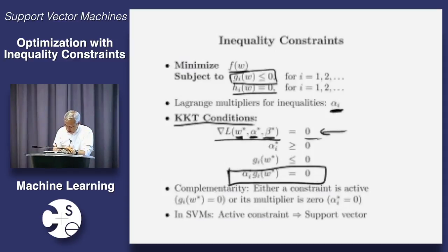It says that for each inequality constraint, the product of alpha, the corresponding multiplier, times g is going to be equal to 0. Why are they called complementarity conditions? Because these 2 things are complementary. The alpha and the g are complementary, meaning that one of them has to be 0. We know that at the solution, either the function is 0 or the multiplier is 0. Okay? Now, why is that the case?